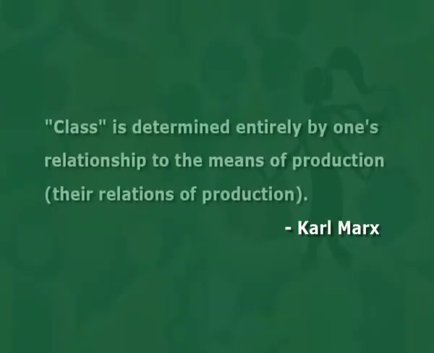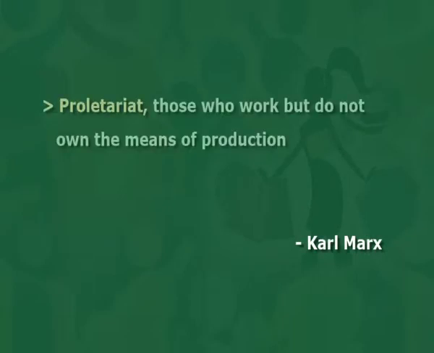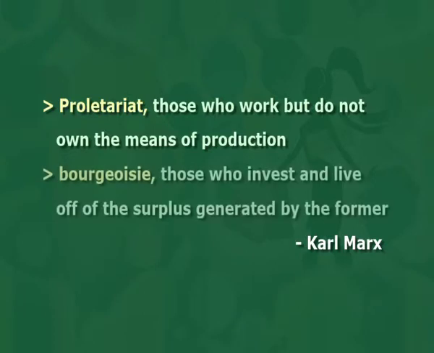According to philosopher Karl Marx, class is determined entirely by one's relationship to the means of production, that is, their relations of production. The classes in modern capitalism, according to Marx, are the proletariat, those who work but do not own the means of production, and the bourgeoisie, those who invest and live off of the surplus generated by the former.